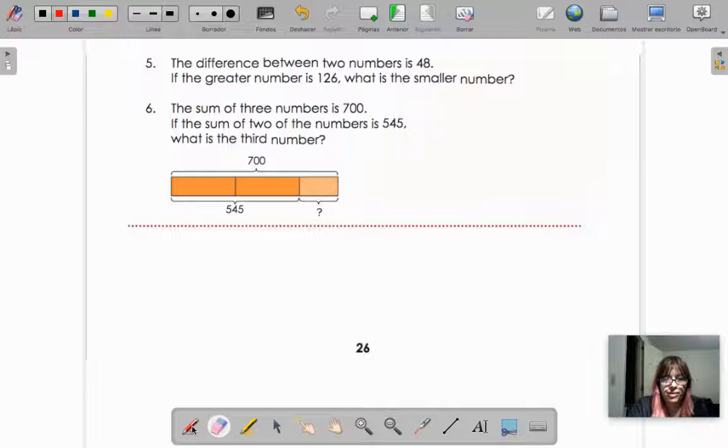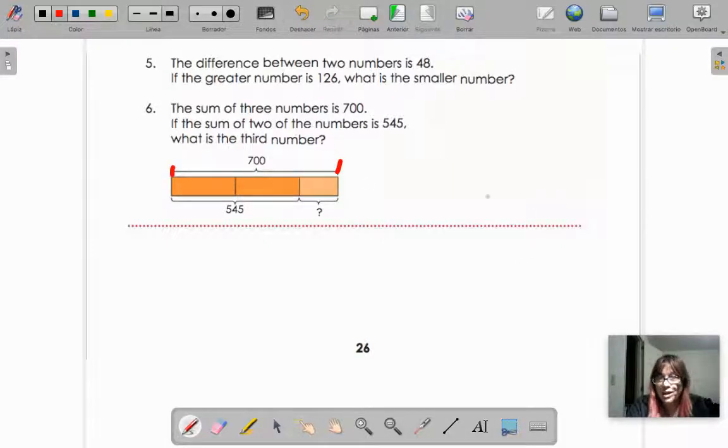Okay. For the ones that are back, let's do number 6 and we are done. And then we're going to practice the times table. So here, immediately with the picture, I can see, with the bars, what I have to do. If they tell me the whole number, from here to here is 700.